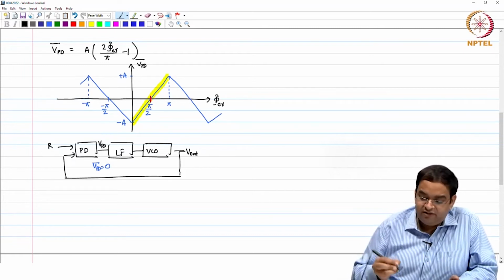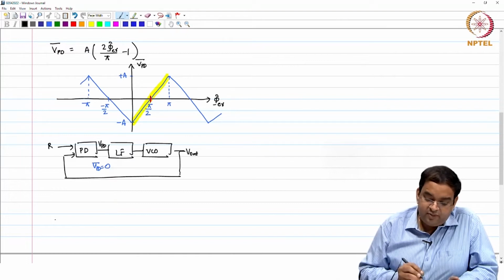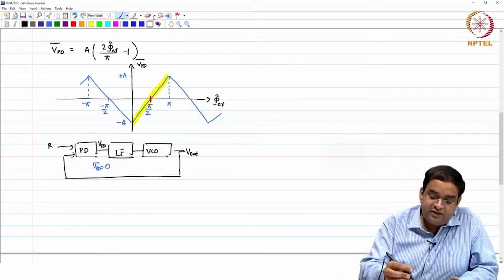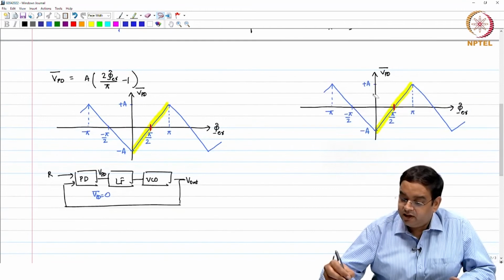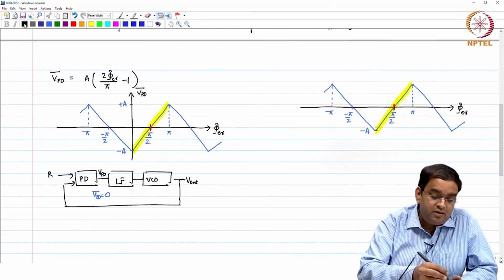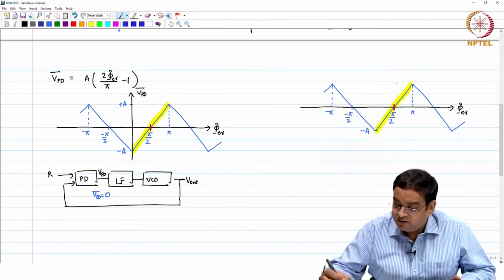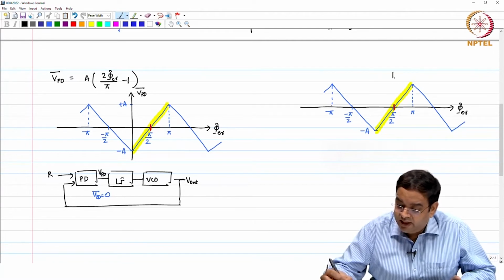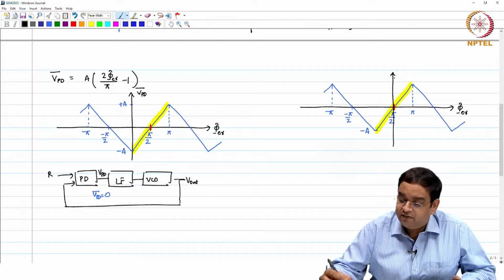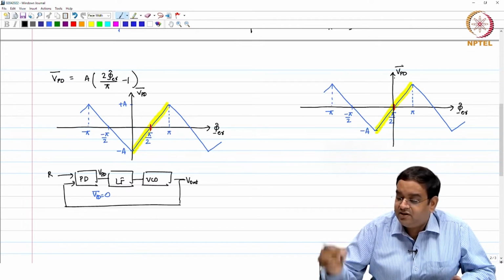So, quite often we use a change in variable here, where we just shift this plot, and in place of having our axis at phase error of 0, I change the variable, and now I have this as VPD average.